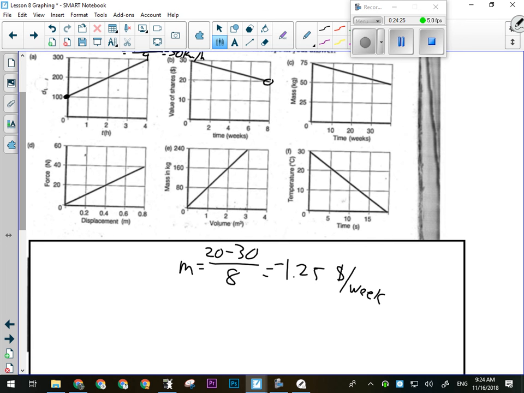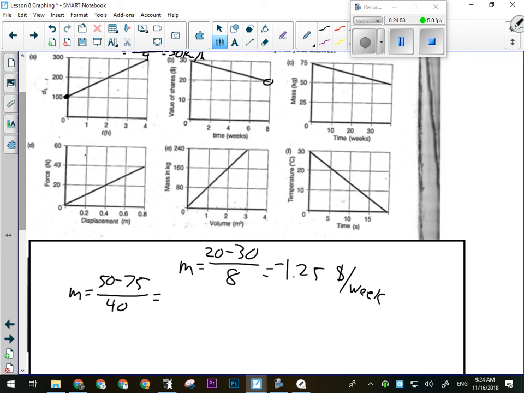Okay, so for graph C here, okay, we've got the mass in kilograms and the time in weeks. Probably the title of this graph would be like I went on a diet, or something like that. Okay, because it's mass in kilograms over time in weeks. All right, so what I'm going to use for that one here, okay, so I'm going to have m, and I'm going to use 50 as my y, 75 is b, okay, divided by x, it's 40 weeks.